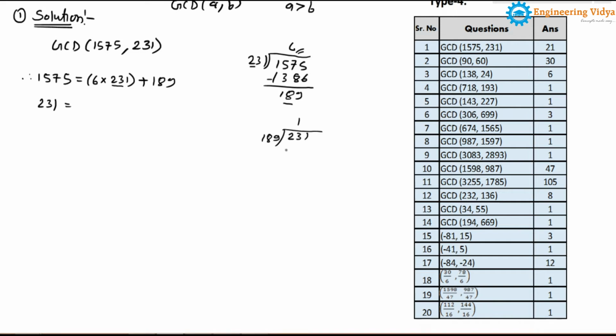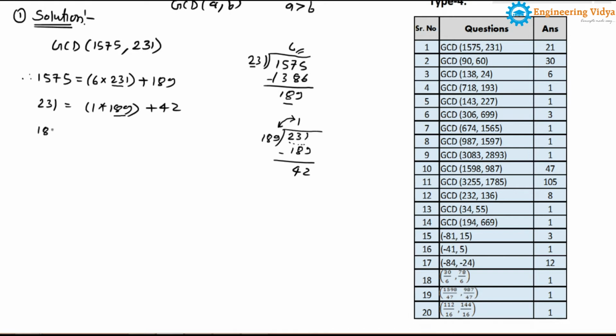It will go one time only, and after subtraction the result will be 42. So 231 can be written as 1 multiplied by 189 plus 42.